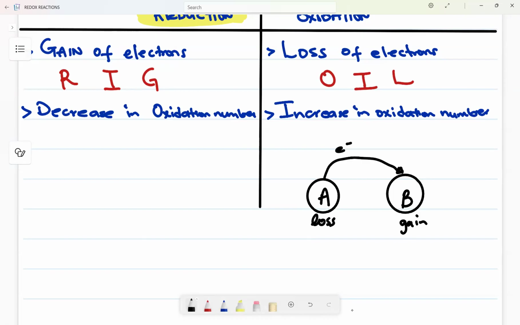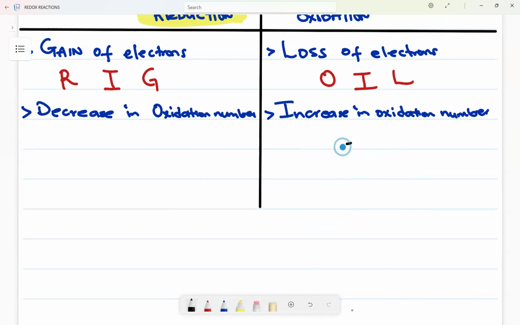A redox reaction will always occur when there is a transfer of electrons. This should always be the case. I hope that makes sense.